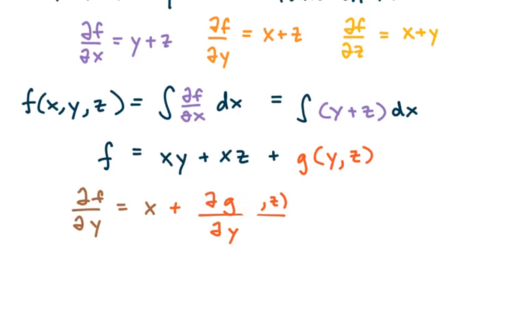Or rather, just to simplify our notation, I'll say partial of g with respect to y. Here now, I know what partial of f with respect to y is. It's going to give me x plus z. So the partial f with respect to y, that's x plus z. I still have that x plus partial g with respect to y. You'll see that the x's will cancel here, and you get that the partial of g with respect to y is equal to z.